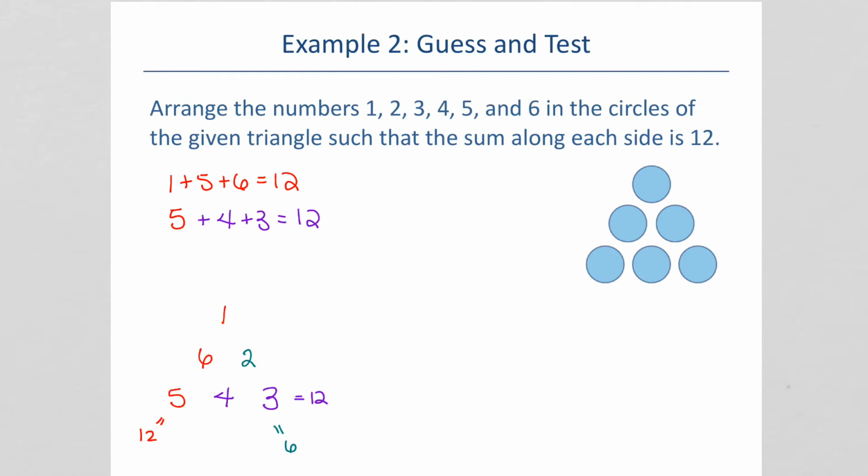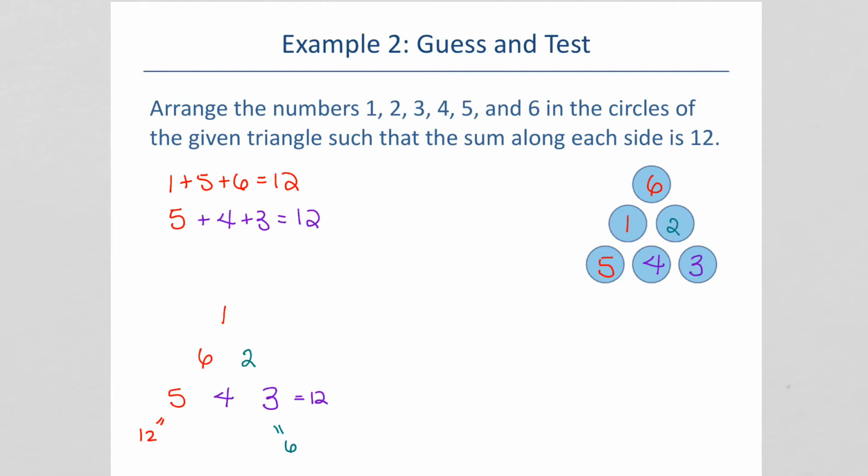Let's try rearranging those numbers here. So instead of 1, 6, and 5 down the side, let's try 6, 1, and 5. Okay. And then we know 4 and 3 could go here.